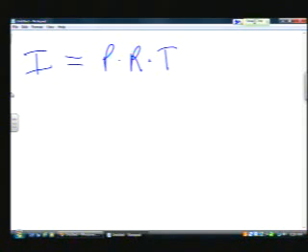Now, just to review a little bit of algebra here, how do you solve this equation? Let's say you want to solve it for P. How do you do that, Wyatt? You divide both sides by P?